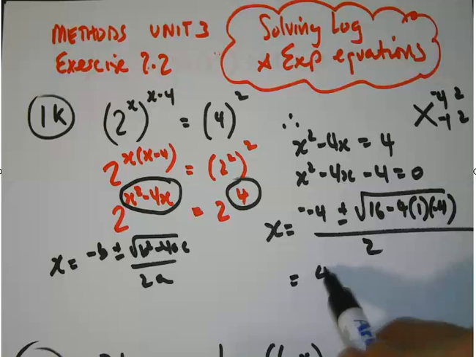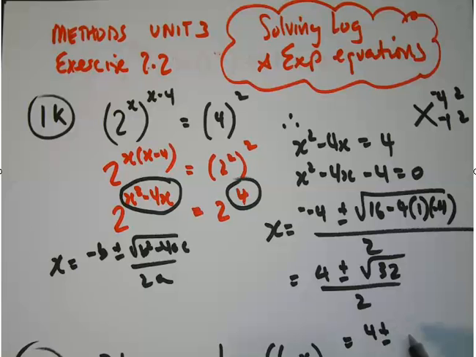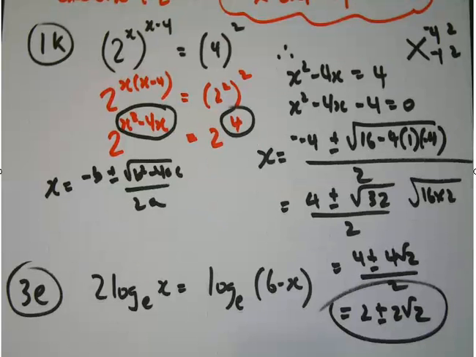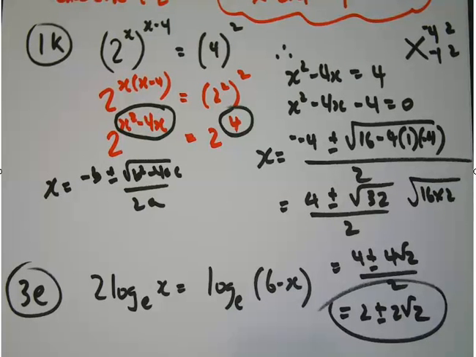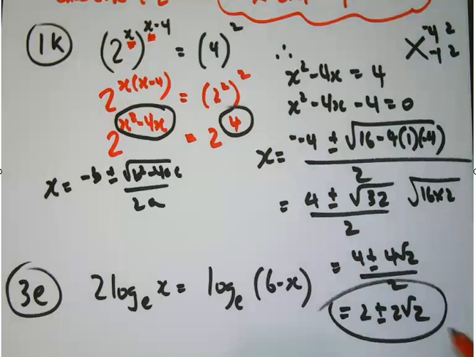So I've got 4 plus or minus the square root of 32 all over 2, which is 4 plus or minus 16 times 2, therefore that's 4 root 2 all over 2, which is 2 plus or minus 2 root 2. 2 possible answers for x, 2 plus or minus 2 root 2. There's no problems about placing a negative value here or here, therefore those are my 2 answers for x.